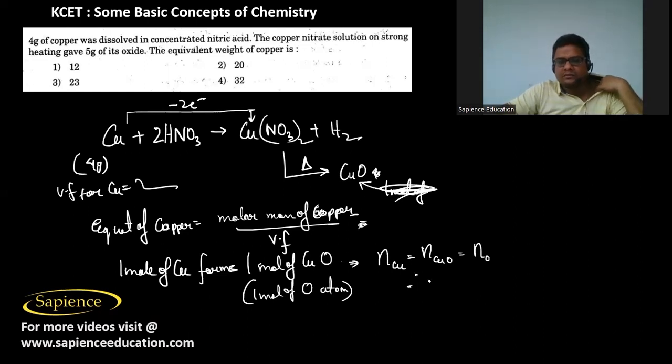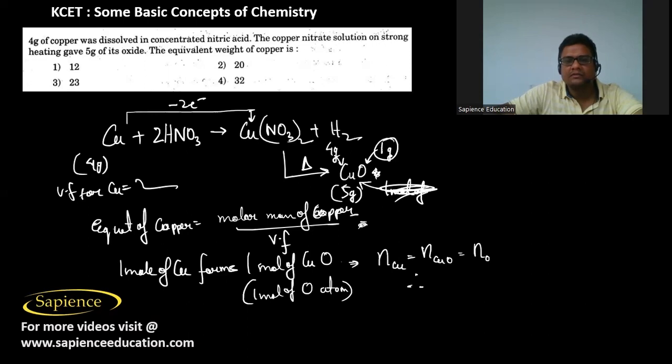So therefore, here 5 gram of copper oxide is formed. It means 4 gram of copper, and for oxygen, 1 gram of oxygen has been formed here.